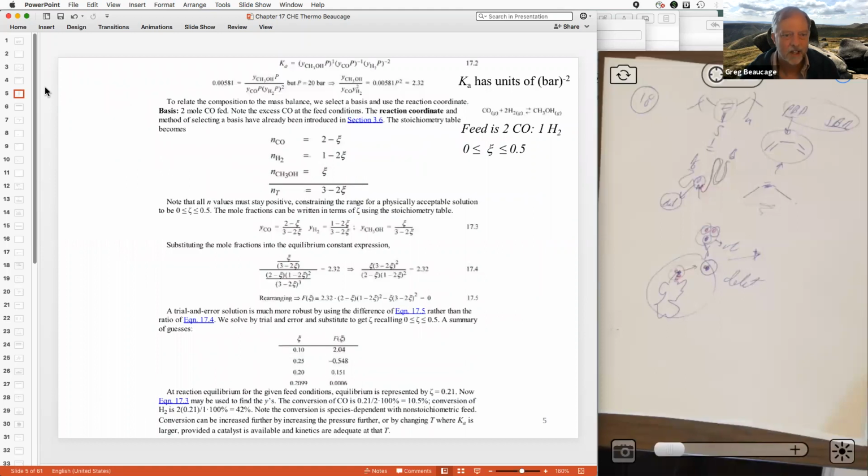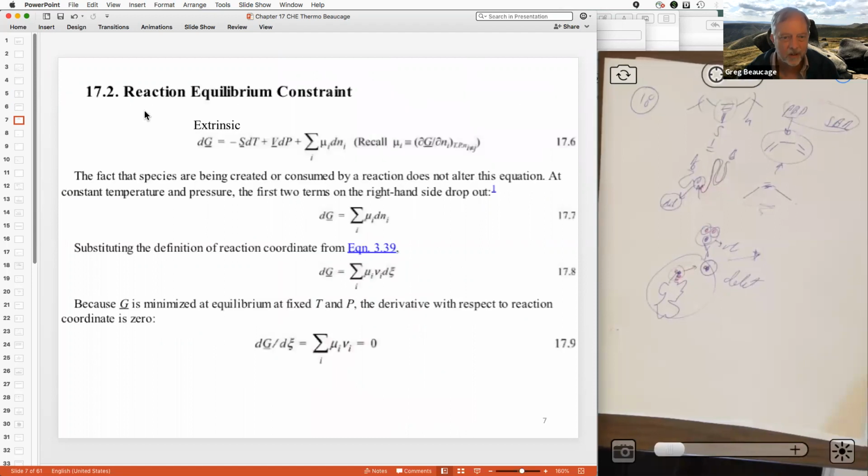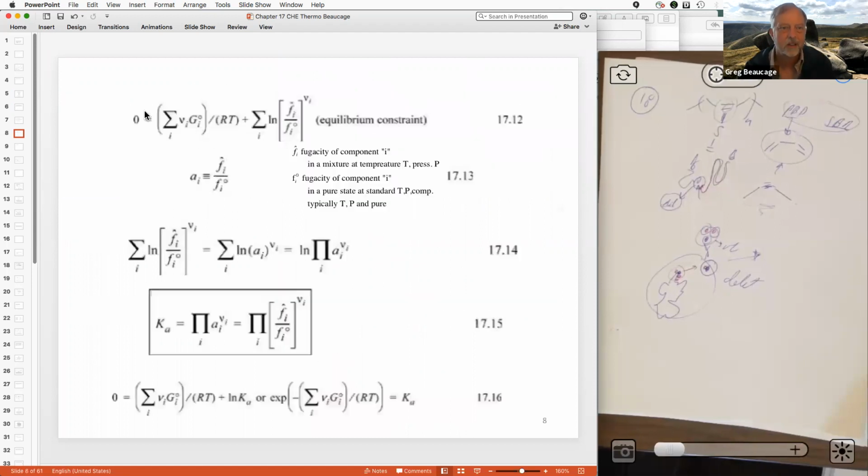Then it's actually calculating the equilibrium constant, and from that you get the reaction coordinate, right? So you know how far the reaction went, then you get the mole fractions of the product. That differs from chapter 3, where you were just given the reaction coordinate.